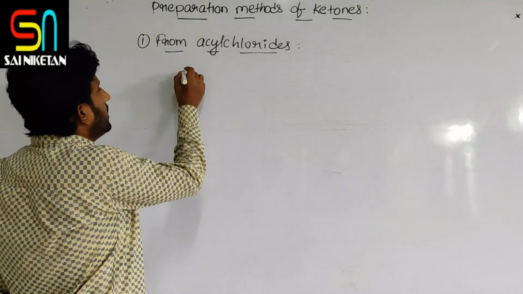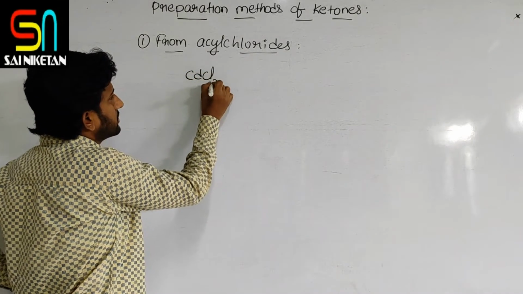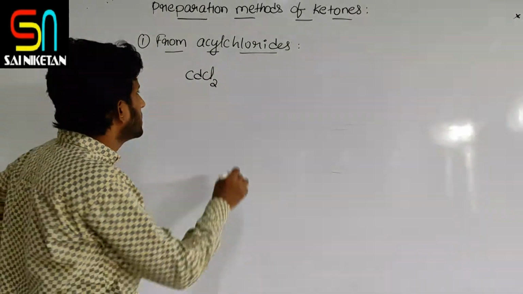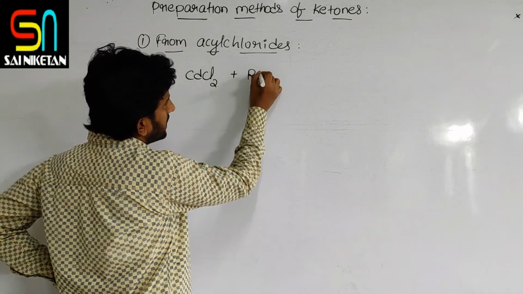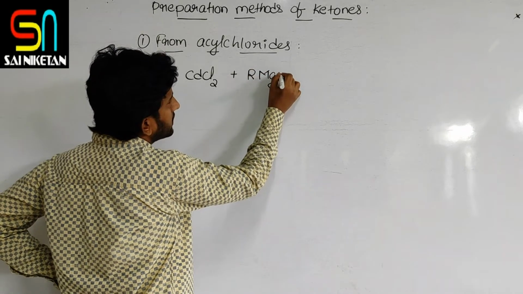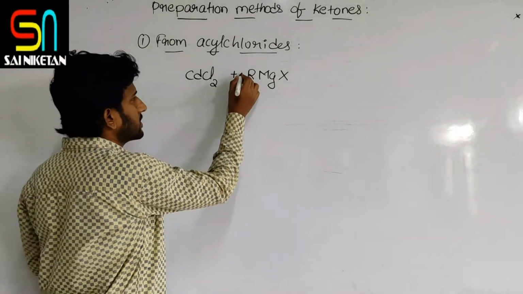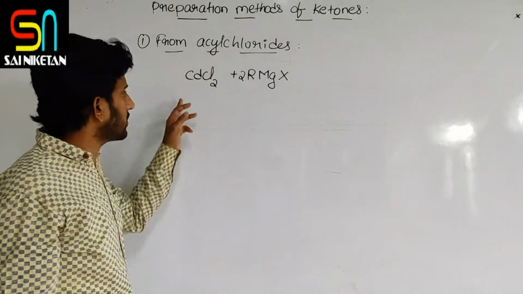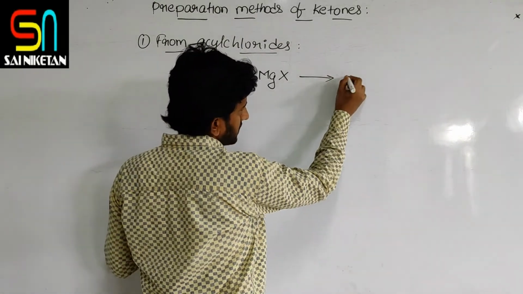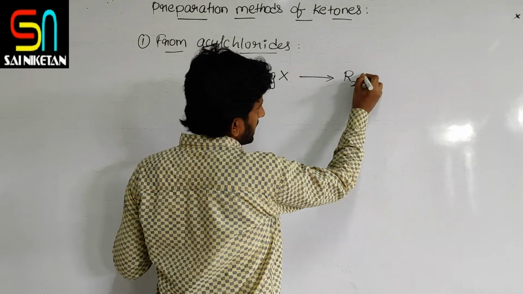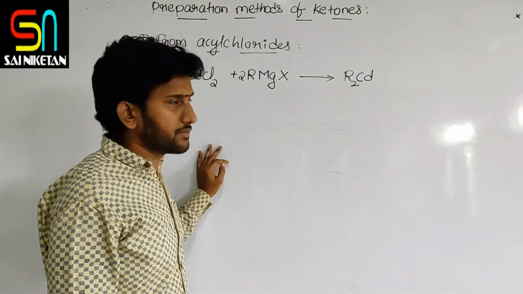When cadmium chloride is made to react with RMgX, the Grignard reagent, it produces the organometallic compound dialkyl cadmium, R2Cd.